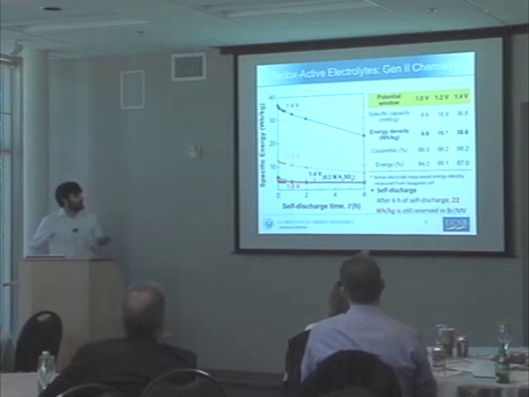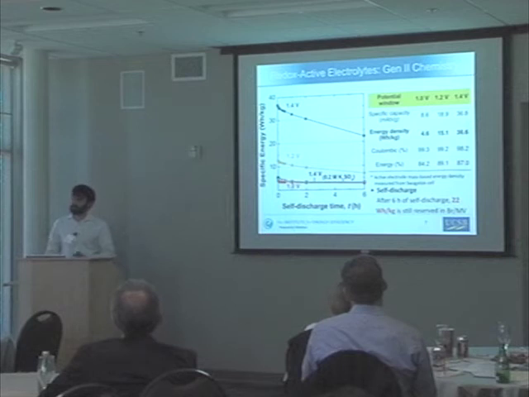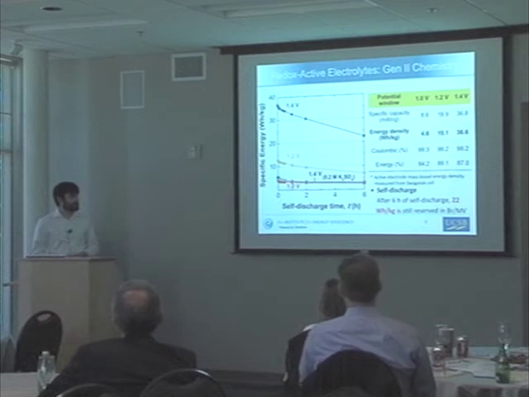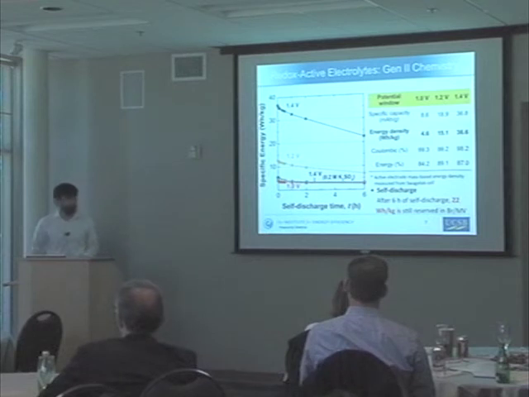And this 40 watt-hours per kilogram, after sitting at open circuit for 6 hours, still retains about 60% of its energy, which would be terrible for a battery, but it's excellent for a capacitor, because most capacitors are discharged relatively quickly after they are charged. It was not expected that we could sufficiently solve this self-discharge problem, and that's been a big success in the first year.